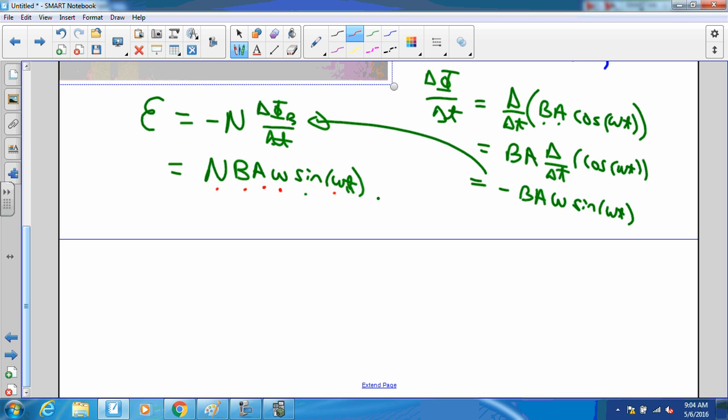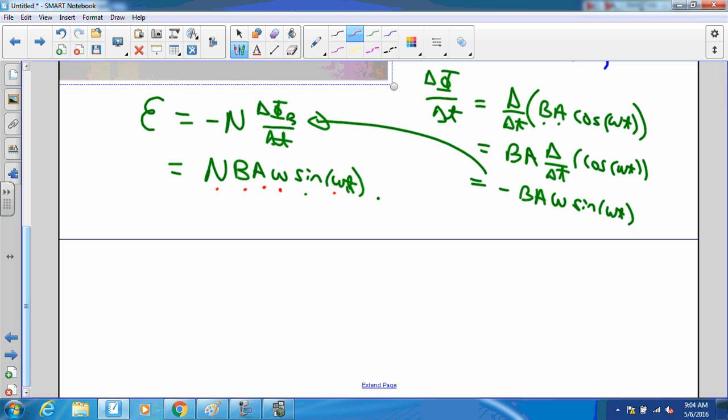Exactly. I can also get more EMF if I use a larger area. In other words, these things work better on industrial scales, such as a humongous generator inside a hydroelectric dam, so that the water going through causes the whole thing to turn at a rapid rate of speed.